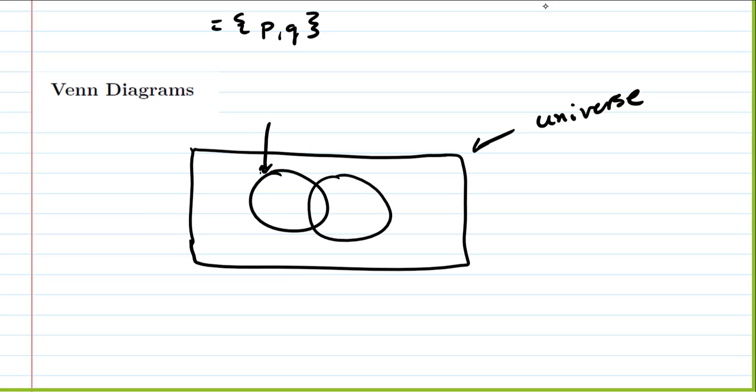I'm going to call that set A, and we're going to call this set B. So if we have set A, and I'm going to color code it as yellow, and I have set B and I color code it as blue, in our picture we'll notice something right here in the middle.